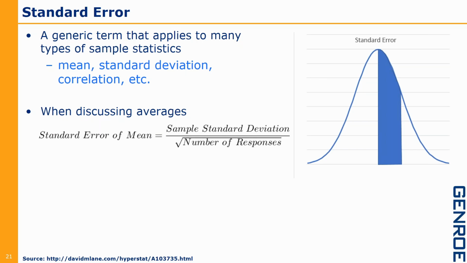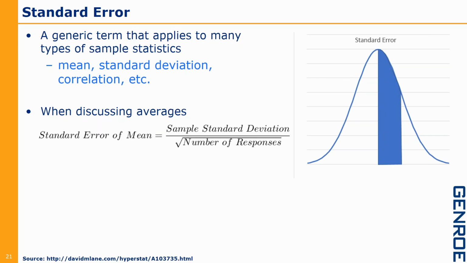So the first thing we want to talk about is a term called standard error. So you'll see standard error thrown around. In fact, in Excel in a few minutes you'll see a place to put standard error. So standard error is a generic statistical term that statisticians say can apply to lots and lots of different estimates, means and standard deviations and correlations, all sorts of different things.